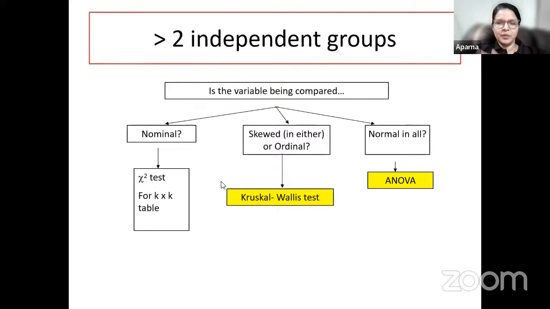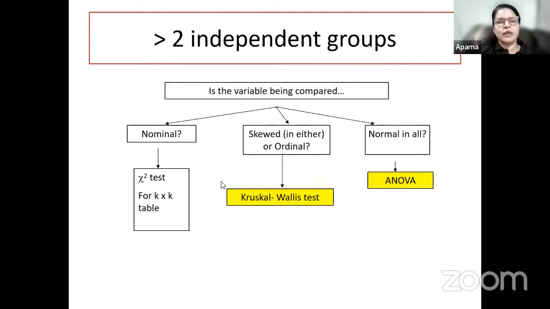Nominal is just like a name. Ordinal is something that has an order or a sequence from lowest to highest or highest to lowest. We can again have interval or ratio scale also in the numerical variables. Now, overall, this understanding of what type of variable we are dealing with helps us to decide the test that we are going to use for comparison of these variables among different groups.